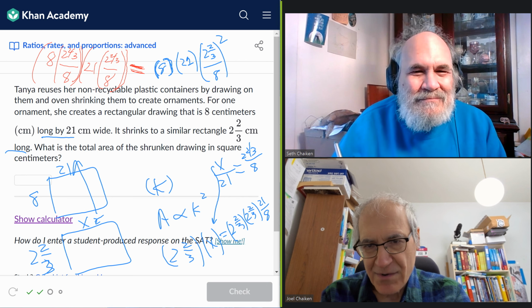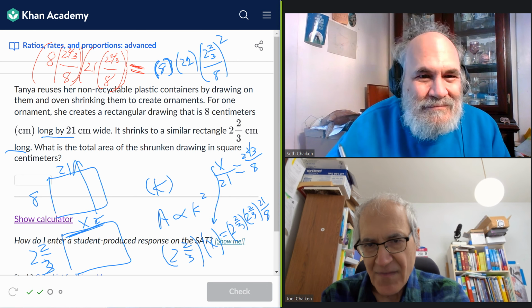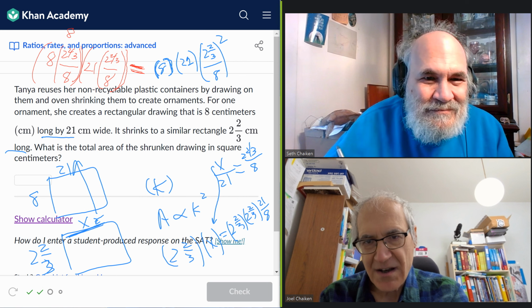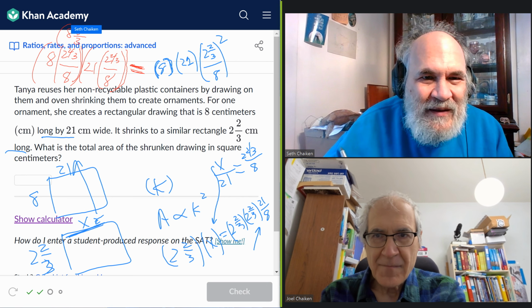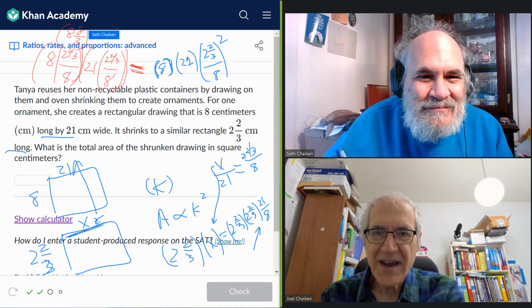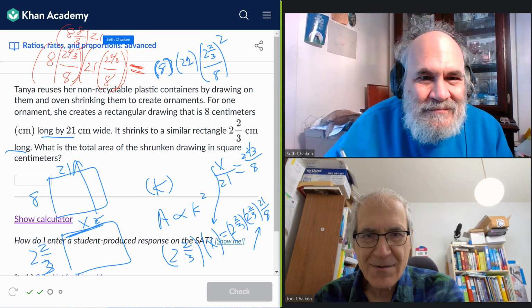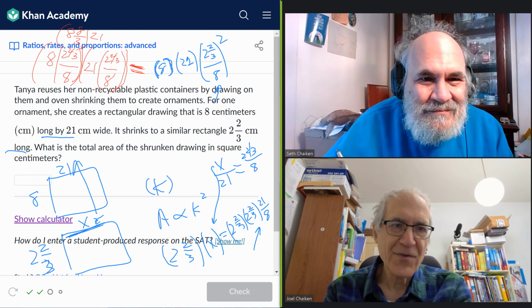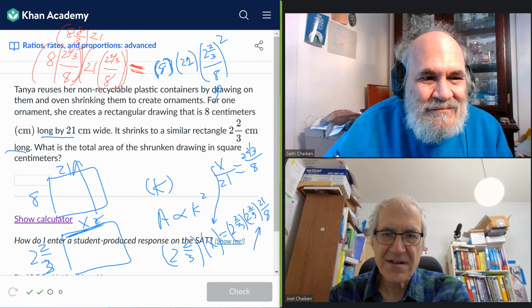The new area is 2 2/3 times this side, and this side you can get by using the ratio. X is to 21 as 2 2/3 is to 8, so x is 2 2/3 times 21 divided by 8. Oh, yeah, it's the same because this is 8 squared. Got it. So the two formulas are the same, the two answers are the same.